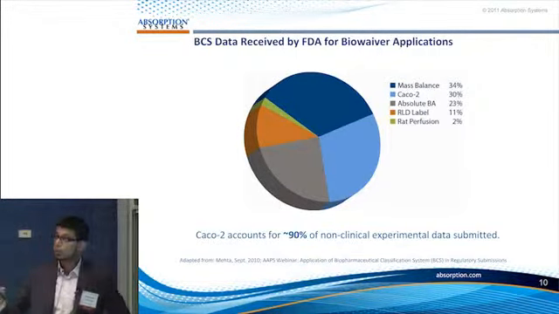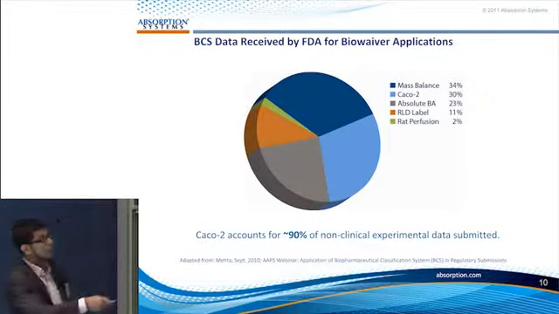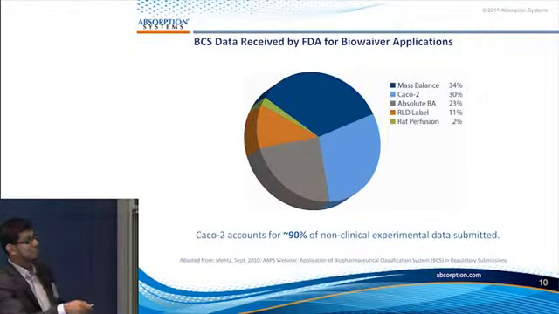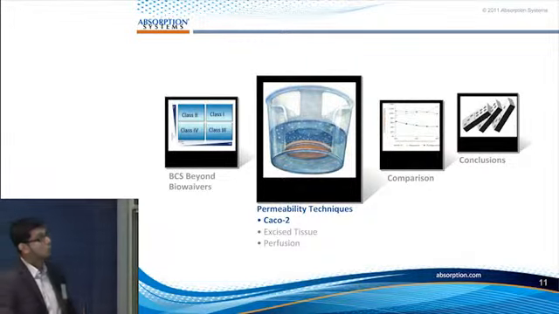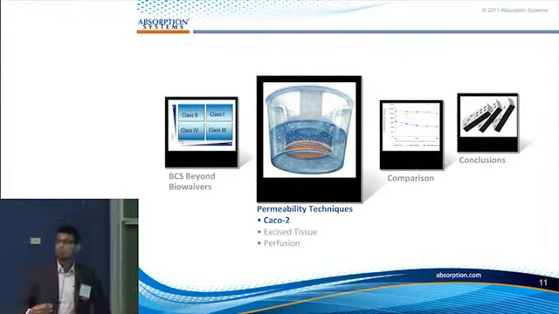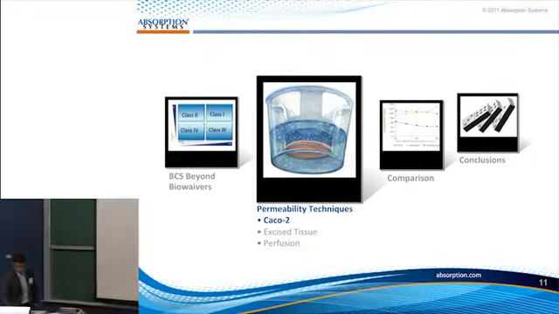Myriad techniques can be used, clinical and non-clinical, and that's what this pie chart depicts. Clinical techniques include mass balance and absolute BA, and in terms of non-clinical, the majority of the studies apparently use Caco-2. There's been only one submission that we are aware of which used rat perfusion.